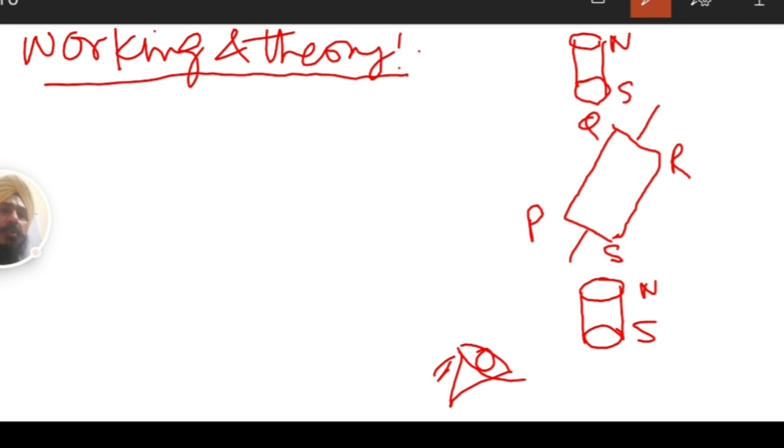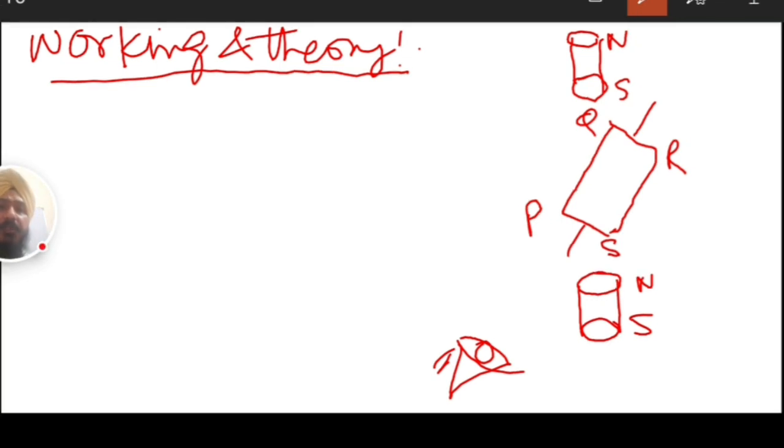Okay, now the first position refers to when the area of the coil and the magnetic field were both perpendicular, upwards. The area of the coil in this case was upwards.